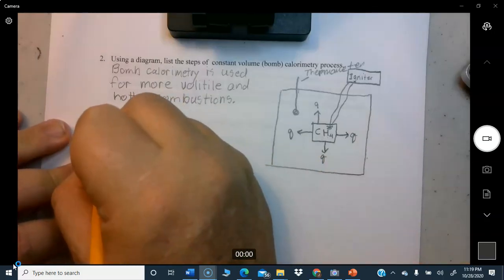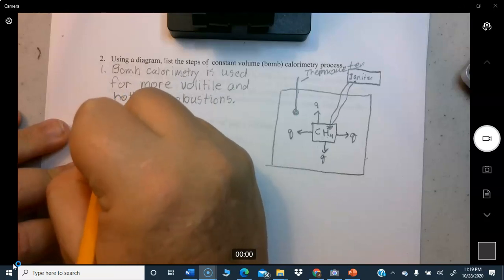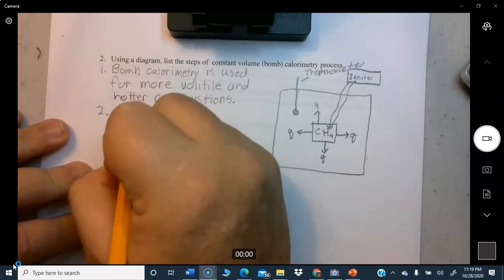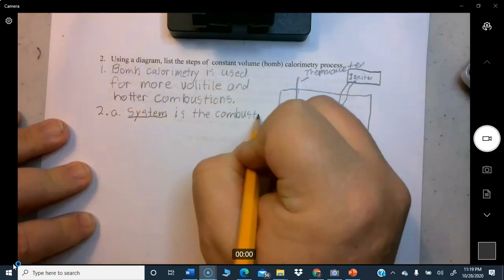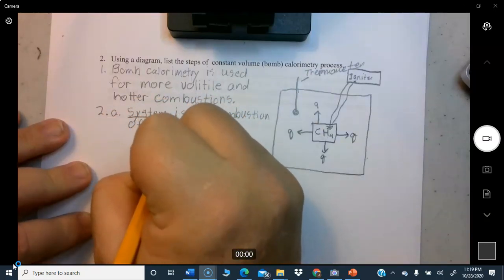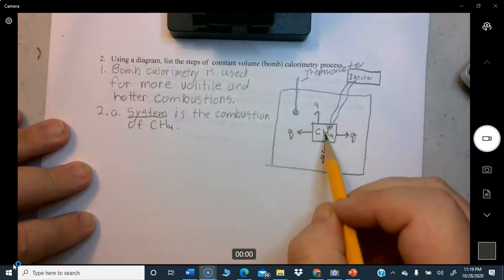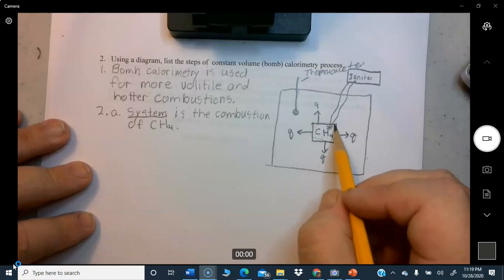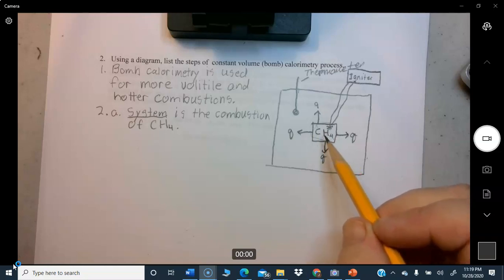So this is number 1, number 2, and 2A is system. So that's the system inside of that little box. Unlike the last example where we just kind of expressed the NaOH as being in a little box, this really is a box.